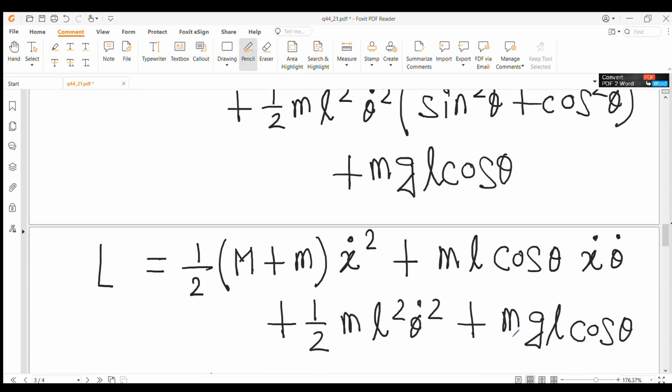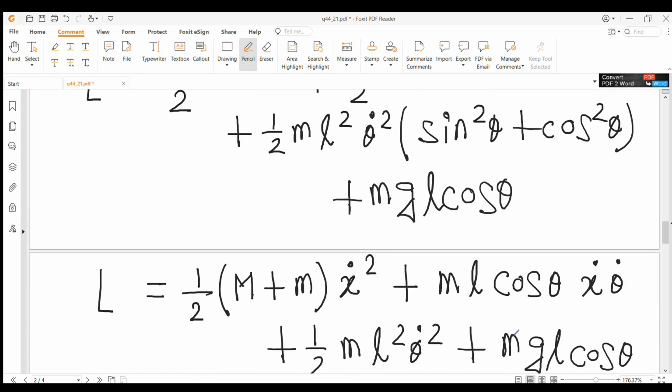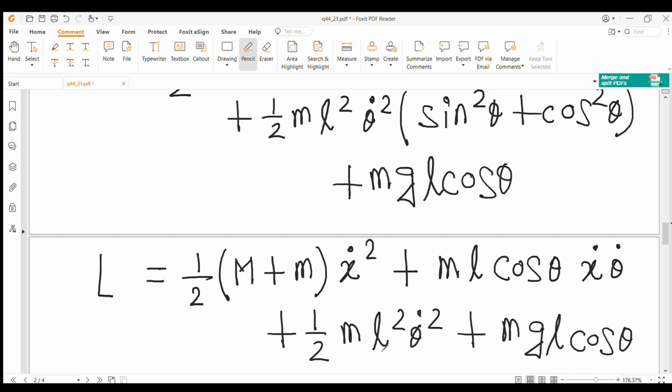So this can be simplified to L equal to half into capital M plus small m into x dot square plus small m into L into cos theta into x dot into theta dot plus half into small m into L square into theta dot square plus mgl cos theta.